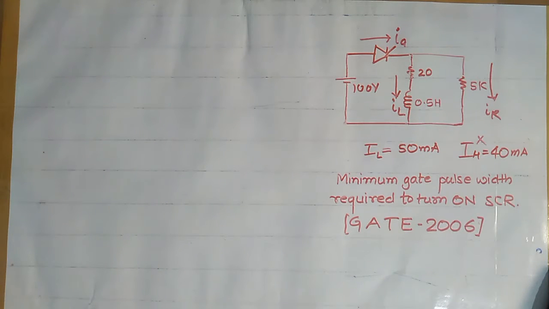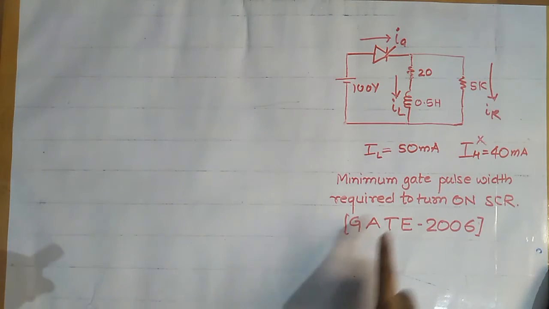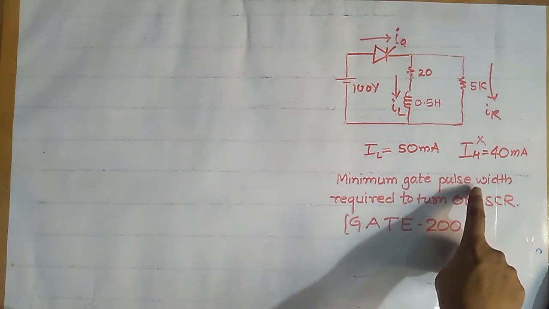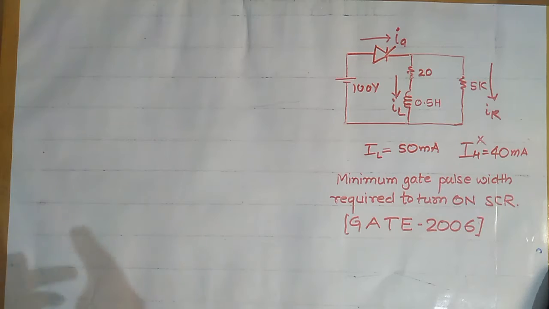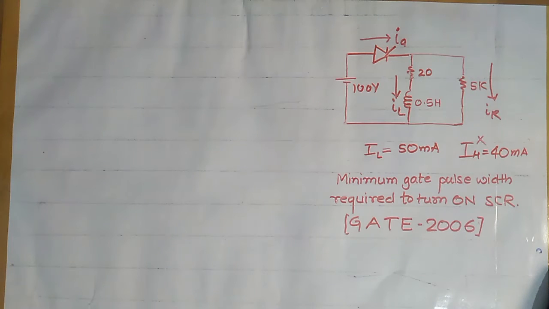To turn on the SCR, we have to make this anode current equal to the latching current, and for this much time we have to apply the gate pulse. So the gate pulse width is equal to the time during which the anode current reaches the value of the latching current. Now after knowing this concept, we can easily solve this.